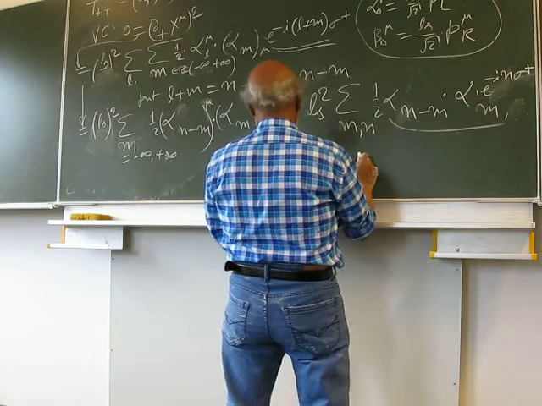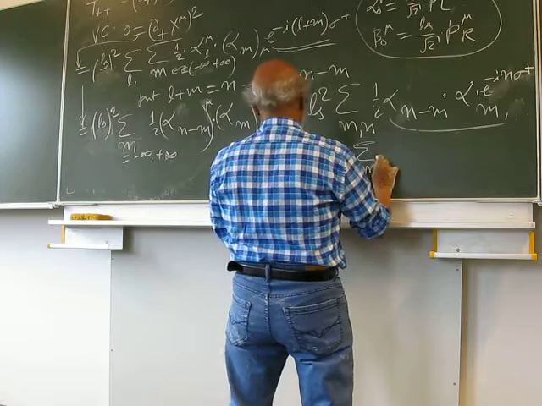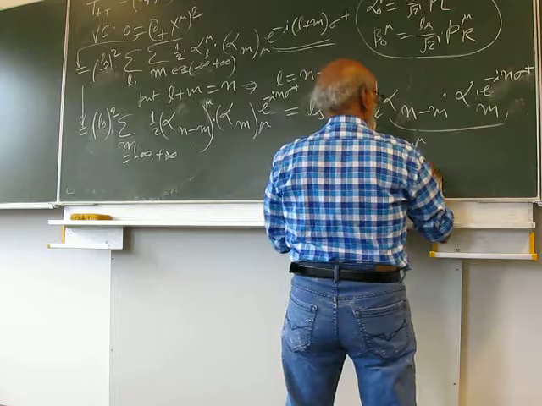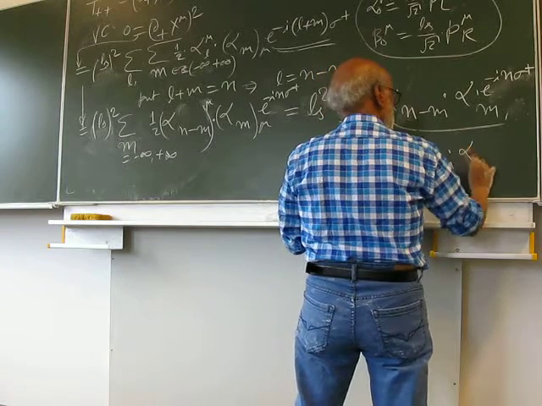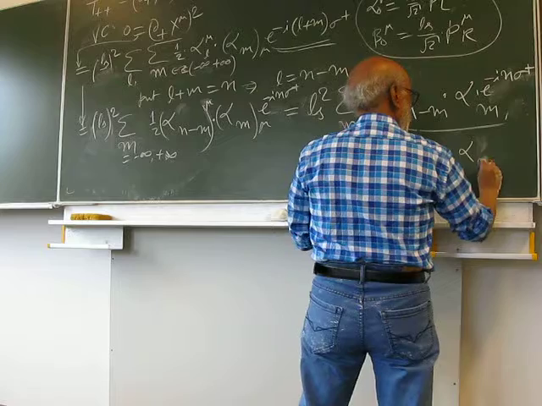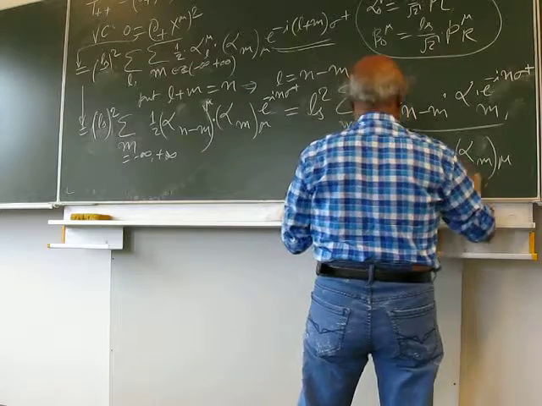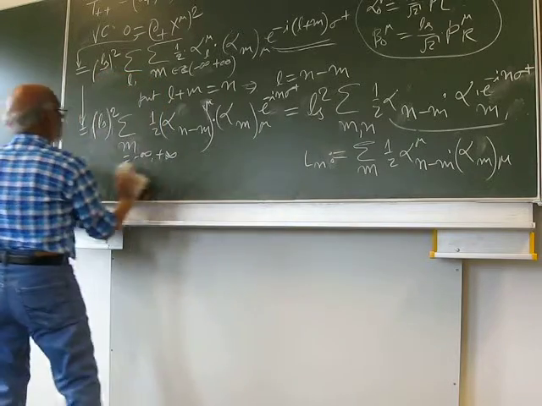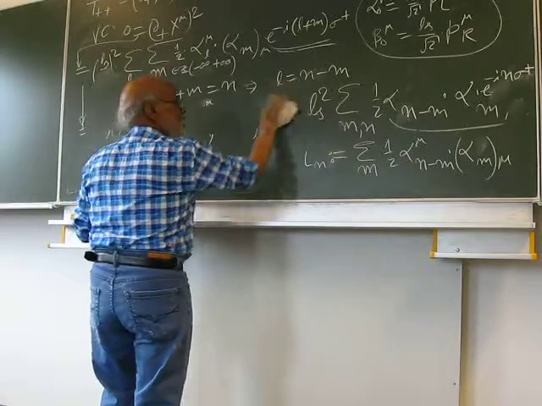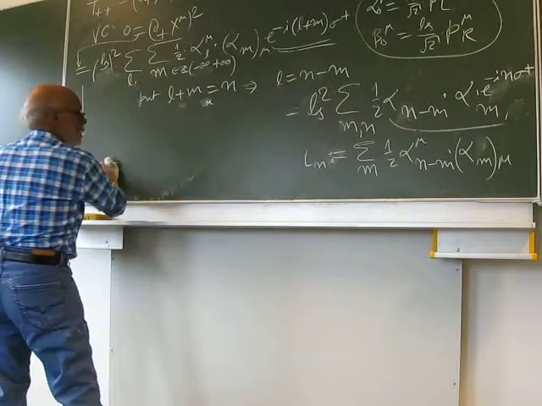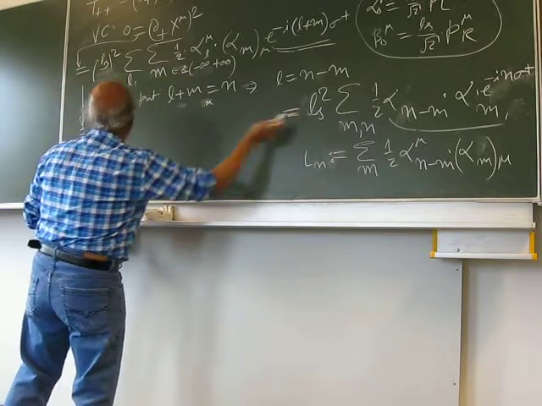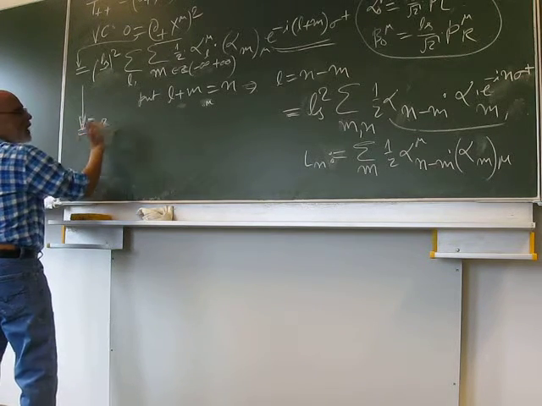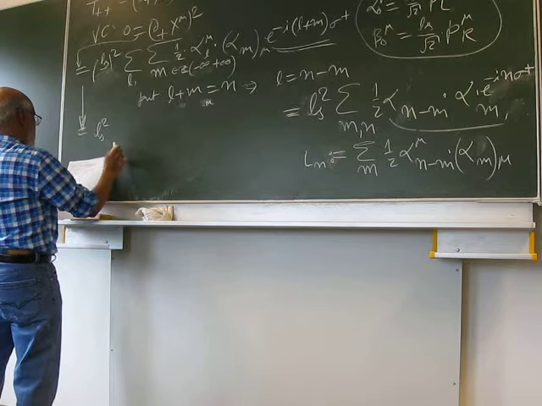Ln is defined as summation over m of 1/2 alpha mu n minus m alpha m mu. Okay, and in that case I want to remove only the first step from here, and I can write it, which is also equal to this ls square.